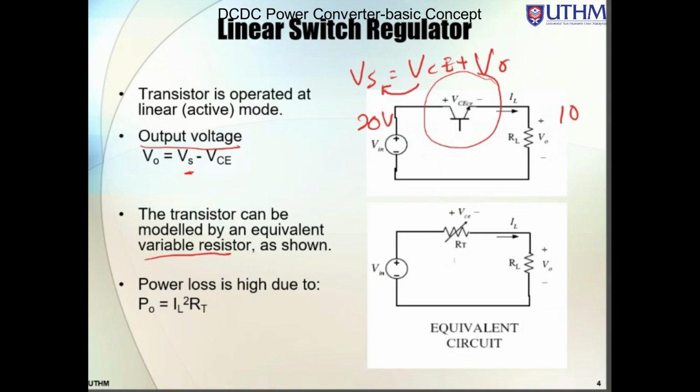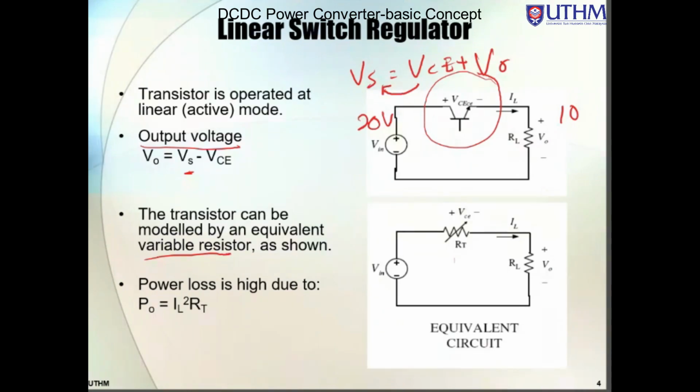Okay, so that means dia macam ni lah. Kalau short circuit, when the transistor is on, it's a short circuit, right? So in the short circuit, that means our value of resistance in that transistor will be almost zero, very, very low. But when the transistor is switched off, open circuit, that means the resistance will be very, very high, almost infinity lah. That's why the current cannot pass through the transistor.